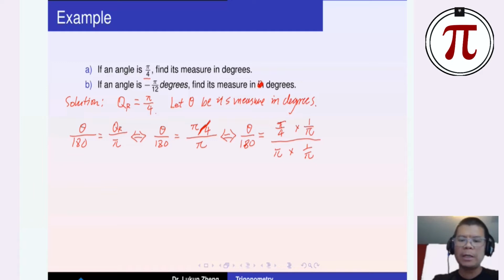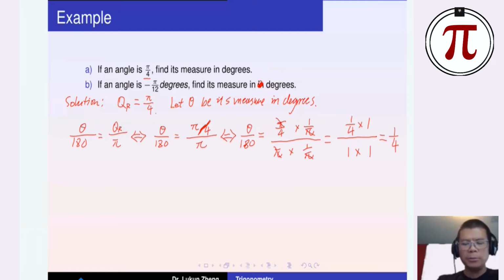Now, however, I can see that pi and pi cancel out. On the top it becomes 1 over 4 times 1, and on the bottom, pi and pi cancel out, that's 1 times 1. So now on the top is 1 over 4, on the bottom is 1, so it is just 1 over 4. Does that make sense?